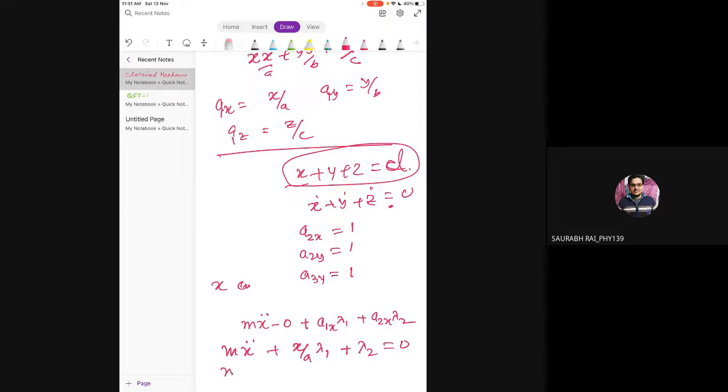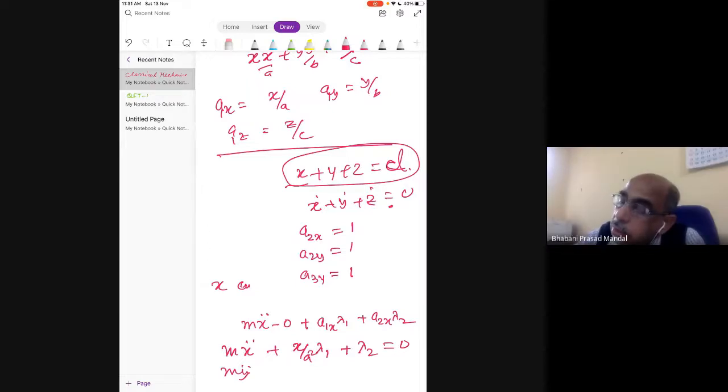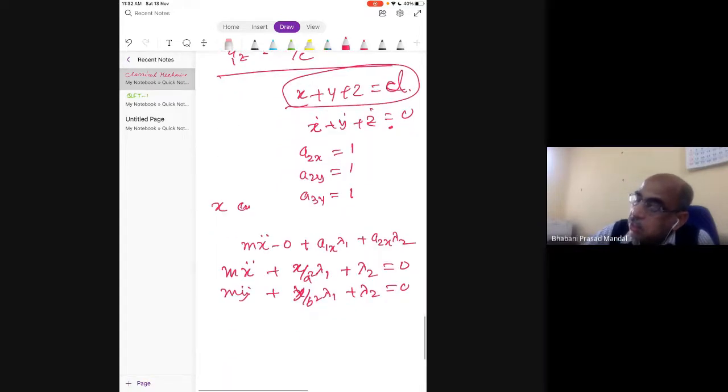Similarly, the y equation will be m y double dot plus y by b square lambda 1 plus lambda 2 equal to 0. But the z equation will be a little bit different because there is a potential energy.